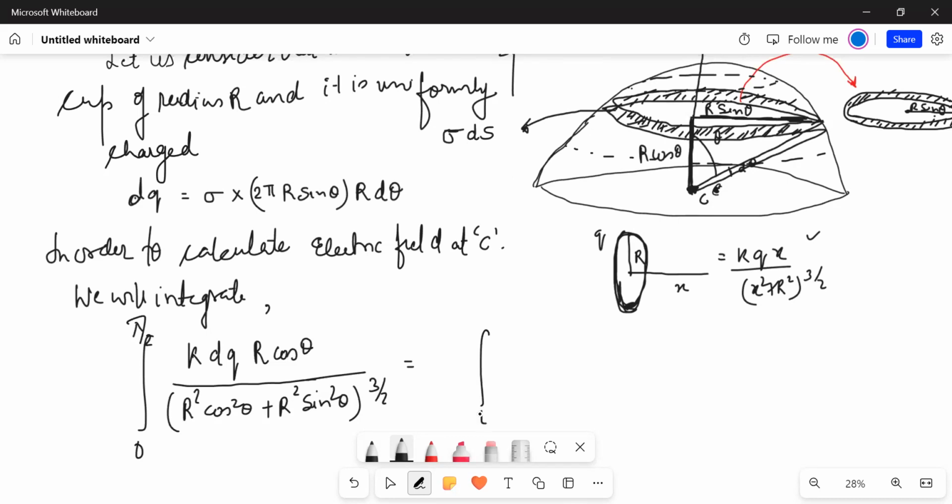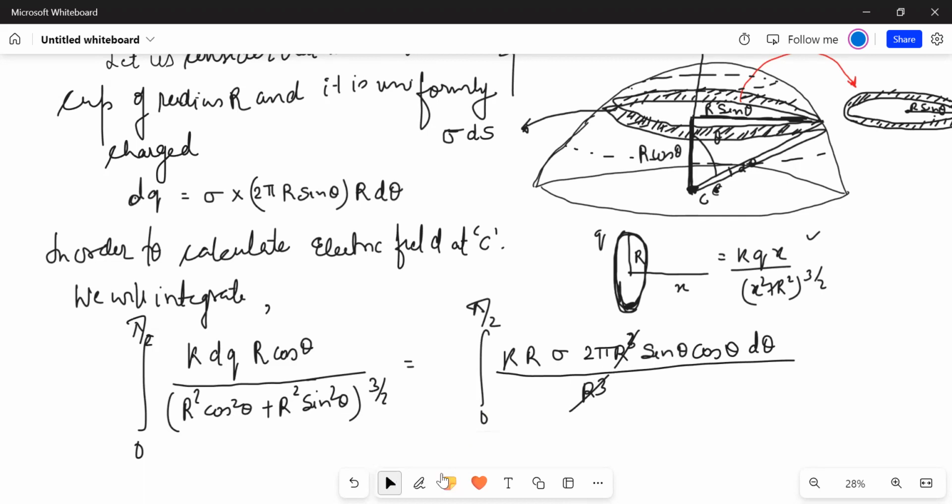Now I will simply write dq as sigma 2 pi r square sine theta d theta. So k r cos theta, then r cube sine theta cos theta d theta divided by r cube only, because r square cos square theta plus r square sine square theta is r square, raised to power 3 by 2 will give you r cube. So this gets cancelled.